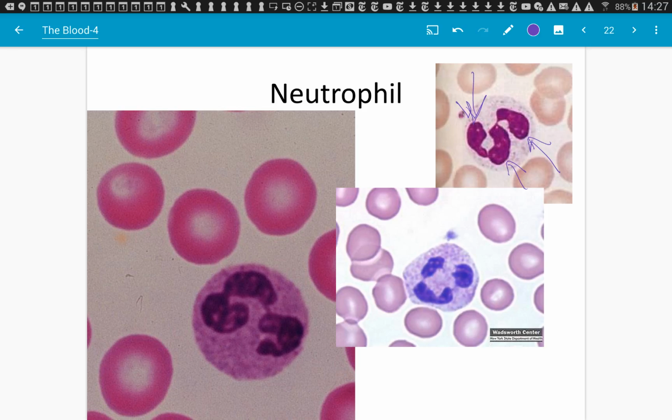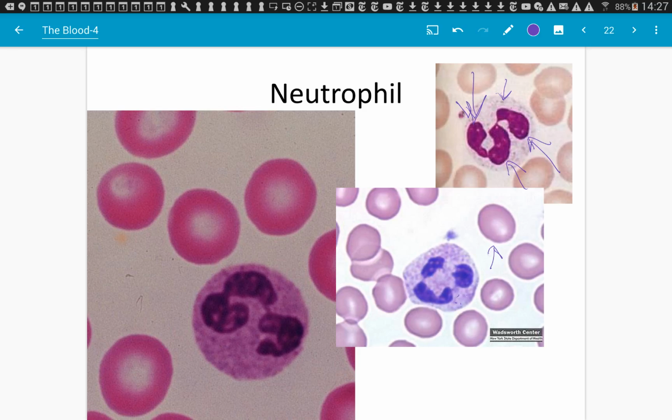For reference, you can see the red blood cells. Note that they are smaller than the neutrophil. The neutrophil is a granulocyte. So you can see the little grains in here. You can see them here as well. So if you see a picture of a white blood cell that appears to have more than one nucleus, in this kind of weird shape, and granules as well, and the granules are not super dark.